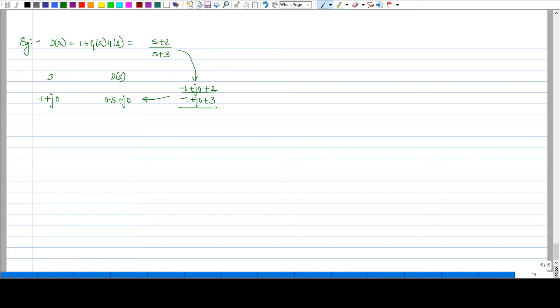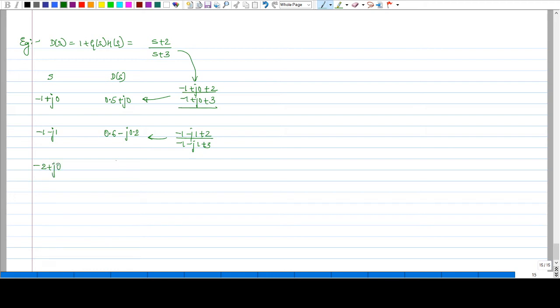Then I take S to be minus 1 minus J1. When I substitute here, minus 1 minus J1 plus 2 divided by minus 1 minus J1 plus 3, what I get is 0.6 minus 0.2 J. Similarly, next I'll take minus 2 plus J0.